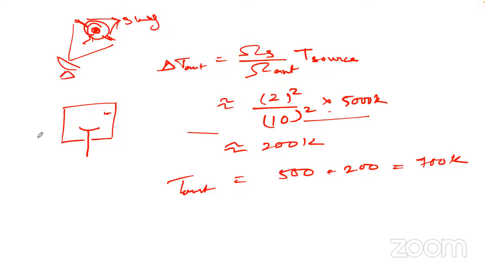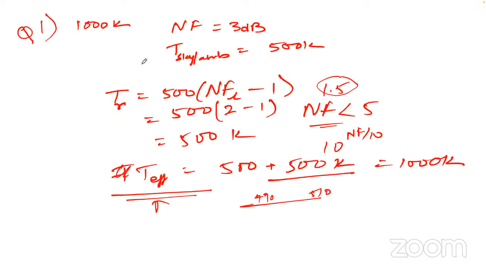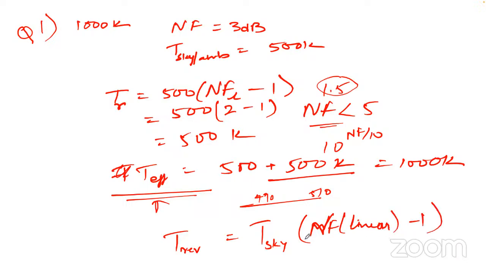So the noise temperature of the receiver will be, in the first question, T sky into the noise figure in linear minus 1. This is the receiver temperature you will get.